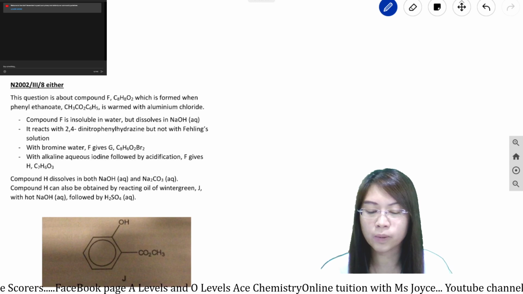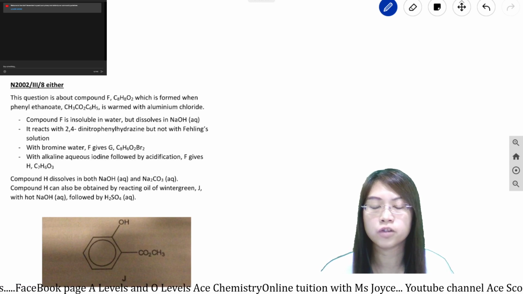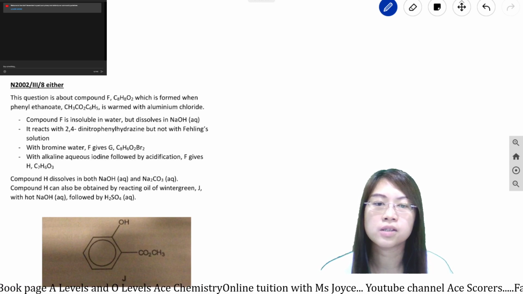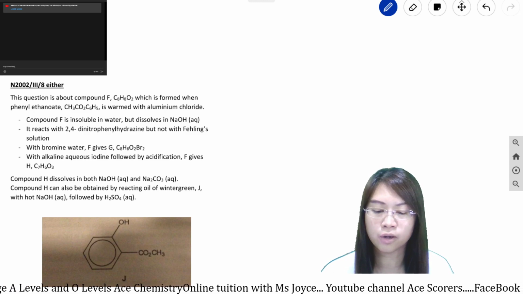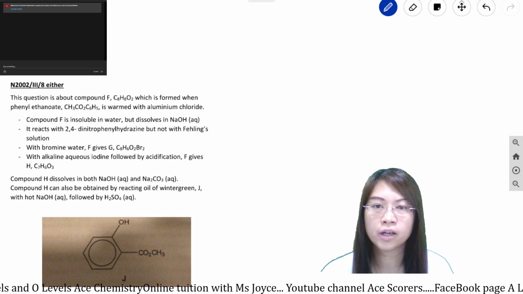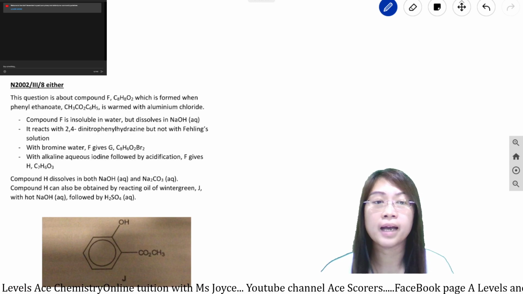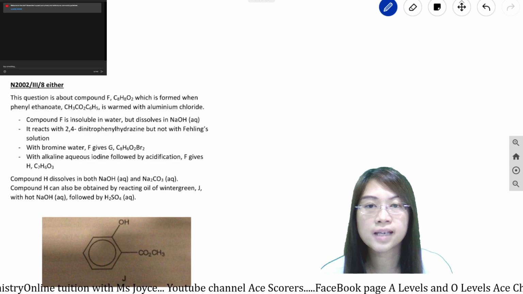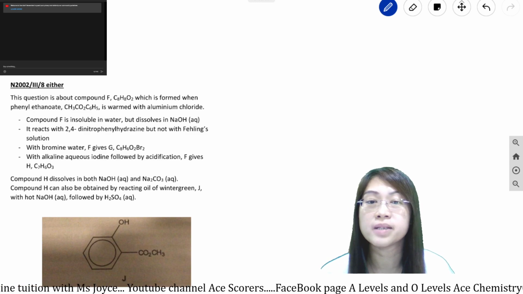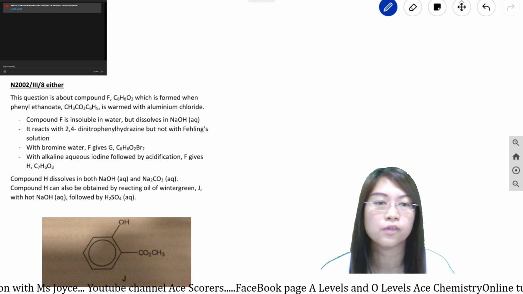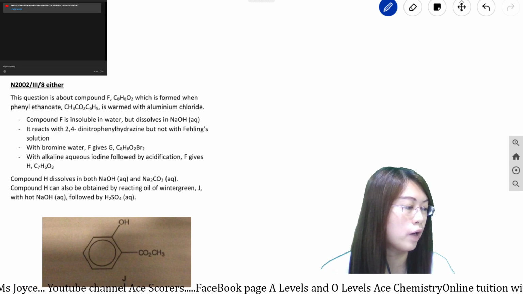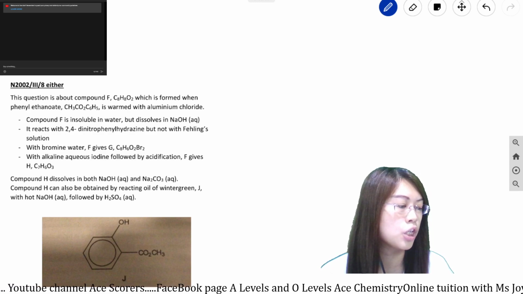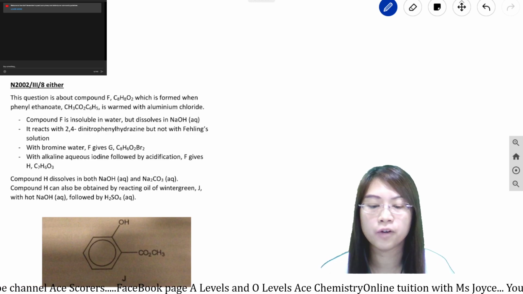Alright, so you can see that the question has also given the structural formula of J. Now after reading the question, it's easier to start off the solution by using this structure J. By the way, the question wants us to find the structural formula for F, G, and H.